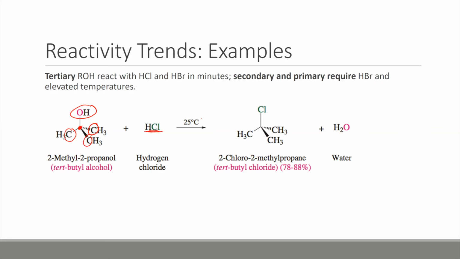It happens quite quickly, in just a few minutes. It can react with hydrogen chloride and hydrogen bromide in just minutes. Secondary and primary are going to require hydrogen bromide because it's a stronger acid, and it will require elevated temperatures to get the reaction to go.